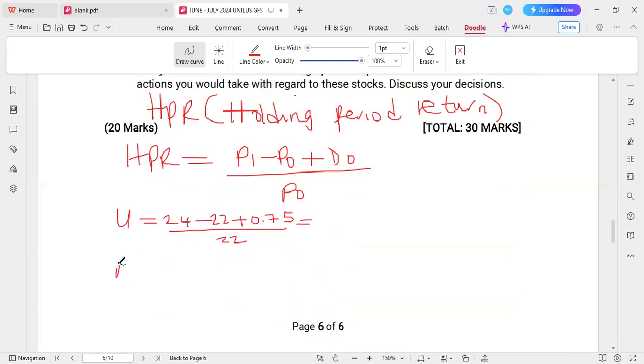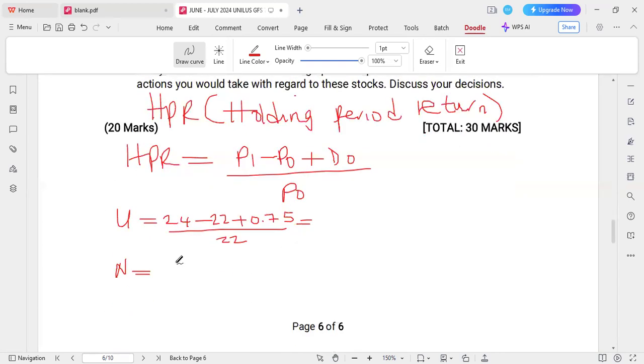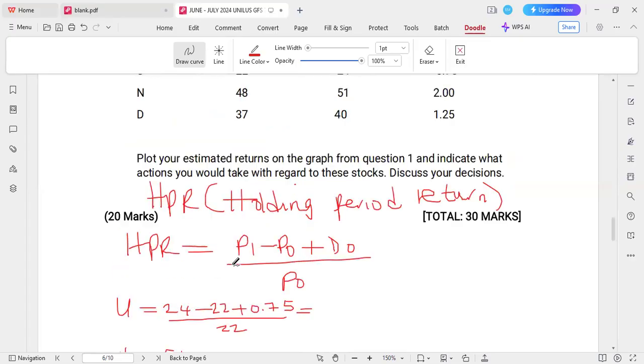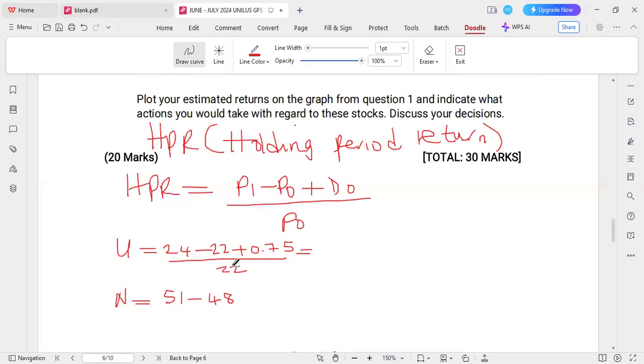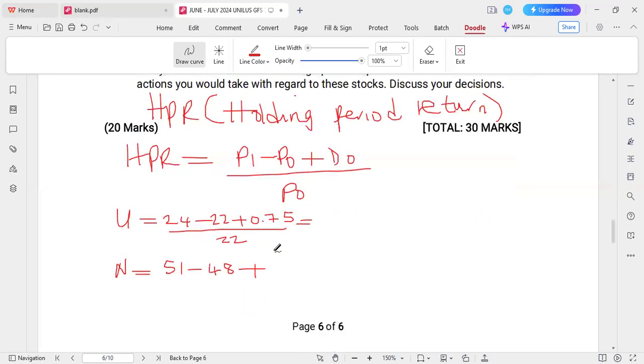Then for the next, we're simply saying 51 minus 48, plus the 2 here, over 48.